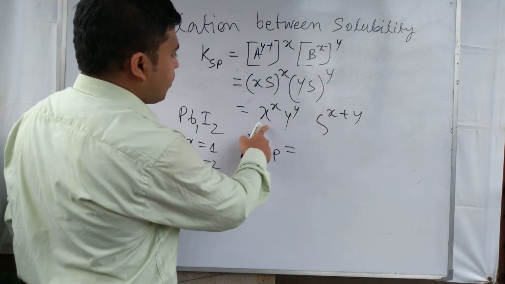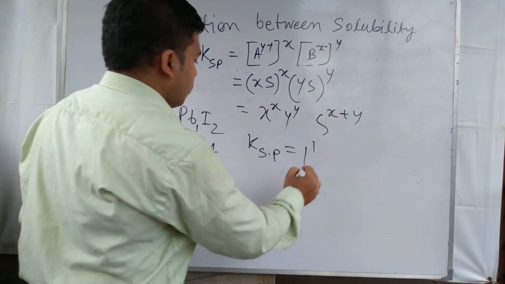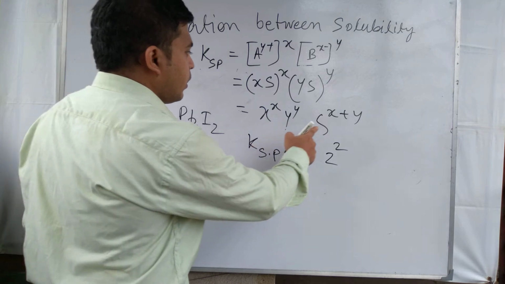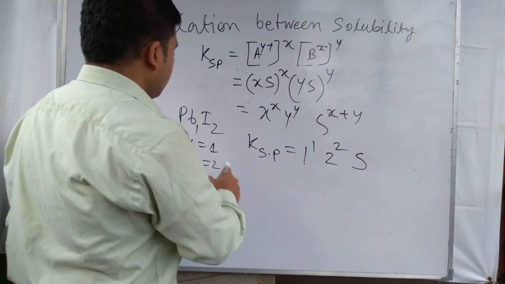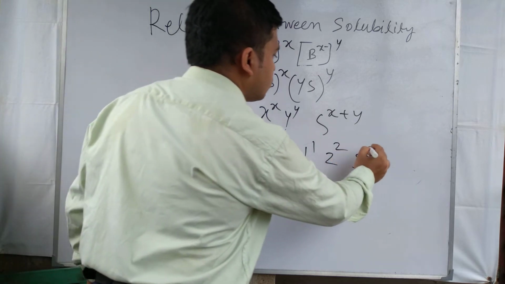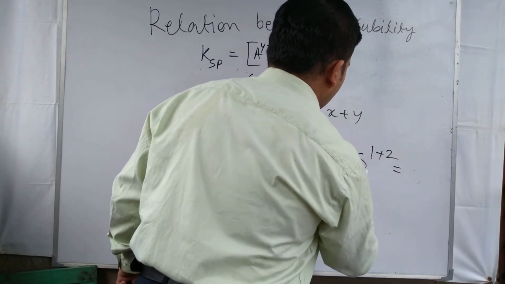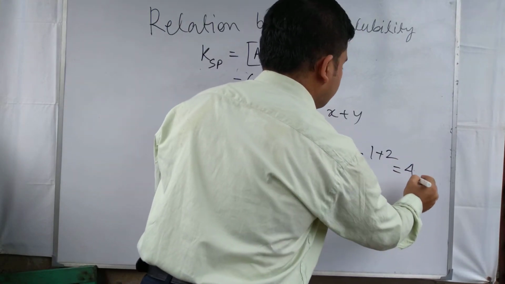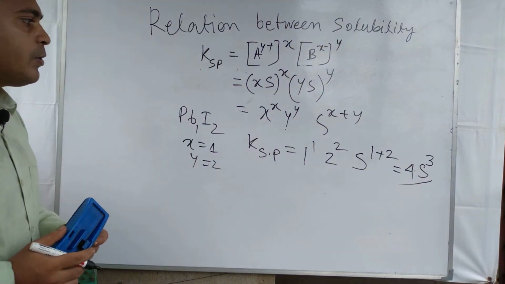So in this expression, 1 to the power 1 and 2 to the power 2 and S to the power x plus y, that means 1 plus 2, that means 4 S cube.